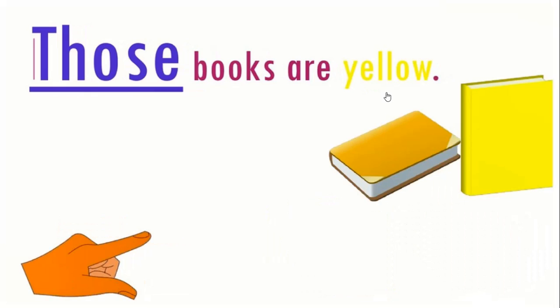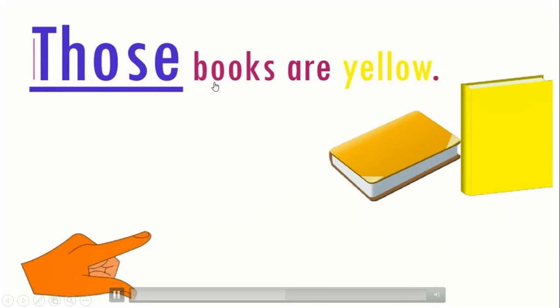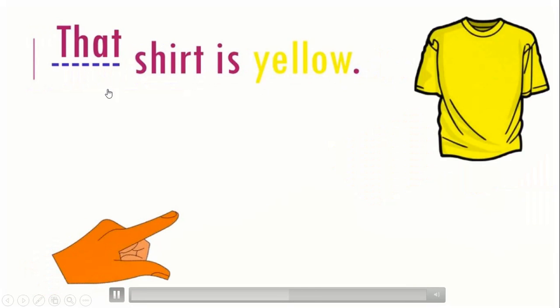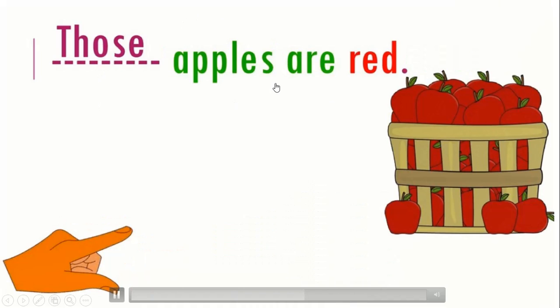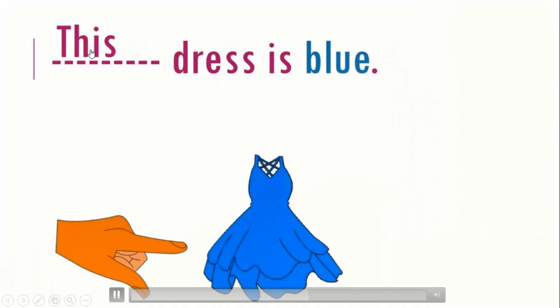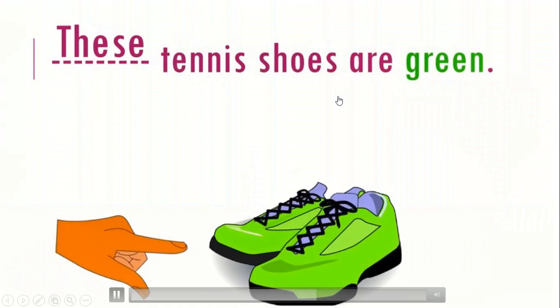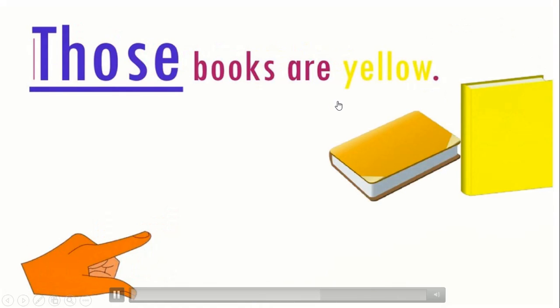Okay. Those books are yellow. That shirt is yellow. These tennis shoes are green. Those apples are red. This dress is blue. As you can see, these, those, this, such: such students always get good marks.